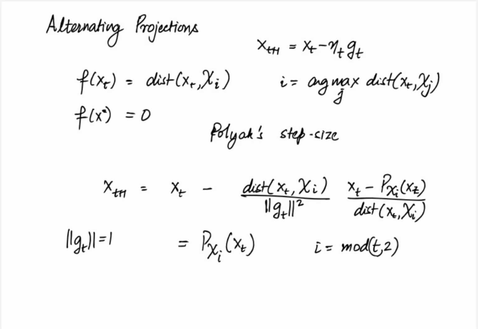The reason for this is that once you project onto x1, automatically x2 becomes the farthest set, and then if you project onto x2, x1 again becomes the farthest set. So this is the alternating projection algorithm.